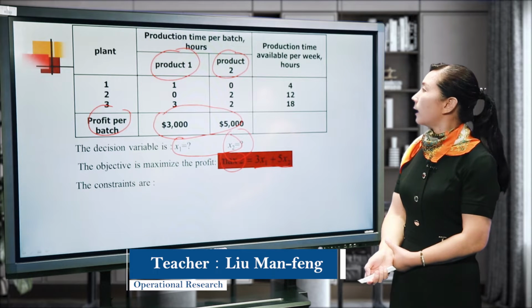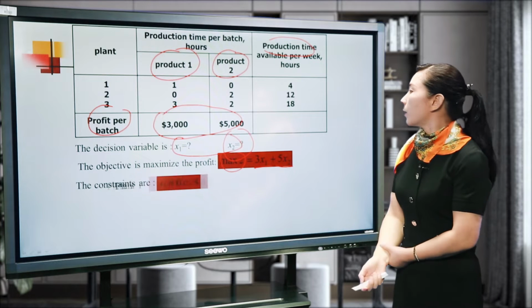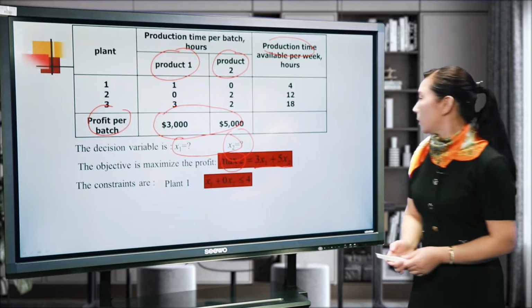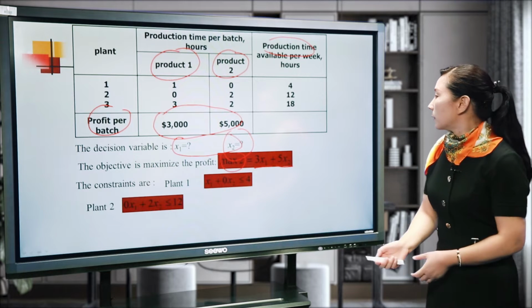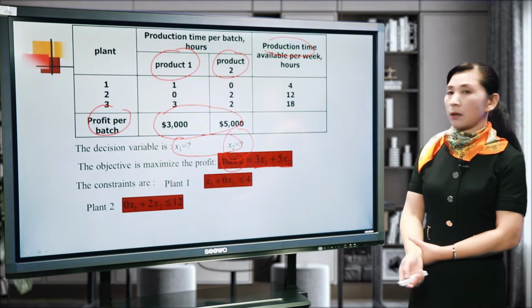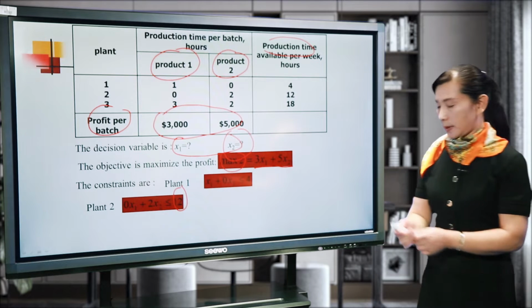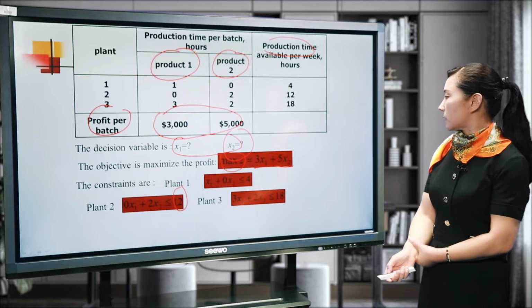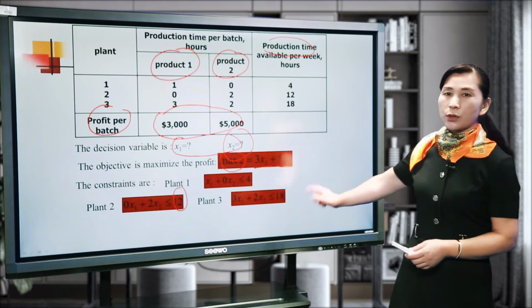The constraints are production time. That is, plant 1 production time used is x1 less than or equal to 4. Plant 2 used production time is 2x2 less than or equal to the available production time, 12. And plant 3, the used production time is 3x1 plus 2x2 less than or equal to 18.